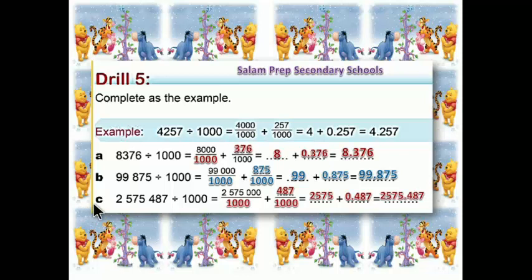Now we will solve problem C together. 2,575,487 divided by 1,000. We can write this division equation in form of fraction. 2,575,487 over 1,000.